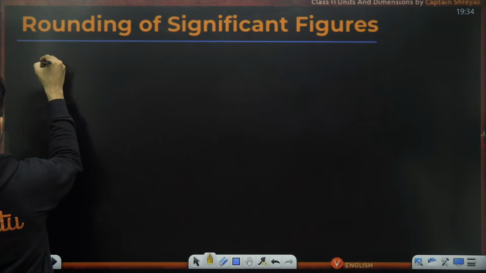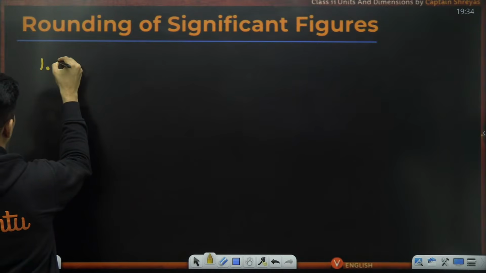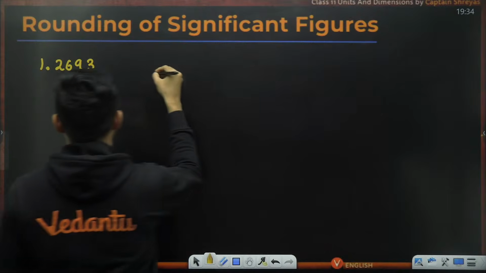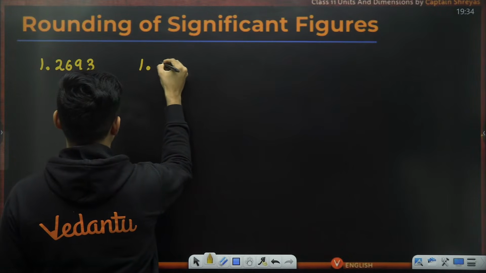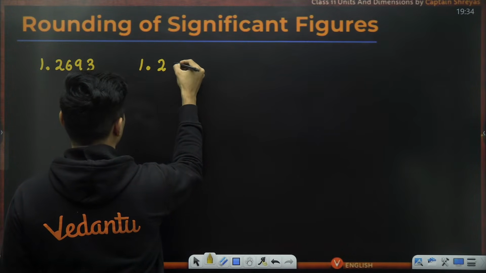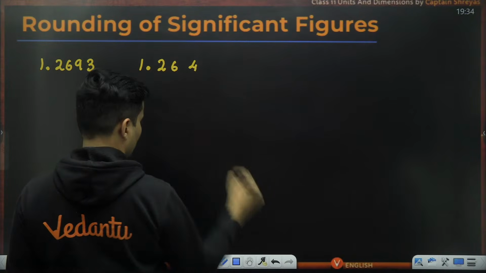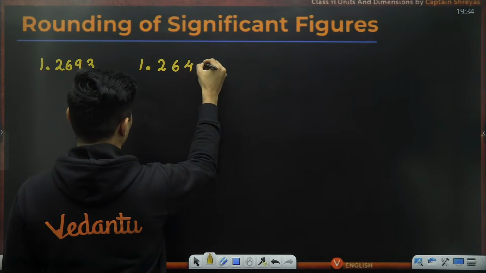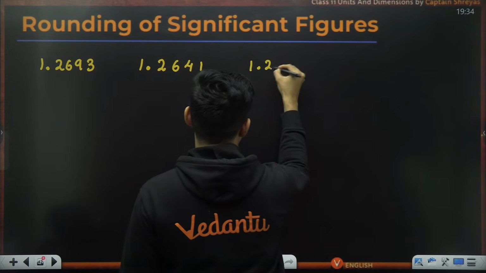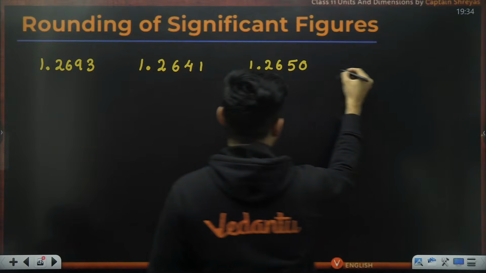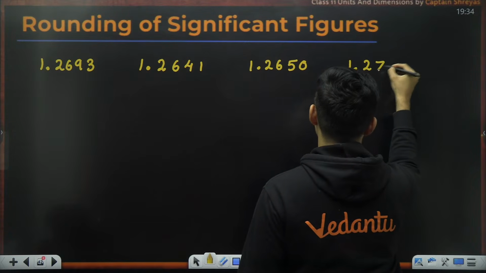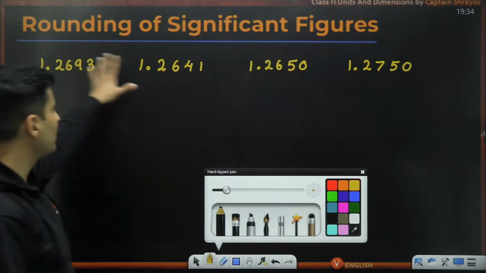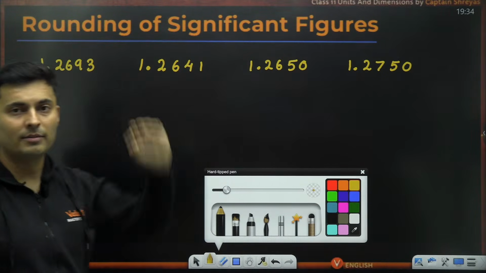For example, 1.2693, then let's say 1.2641, or let's say 1.2650, and 1.2750. I want to eliminate these 4 decimal places and convert them into 2 decimal places.